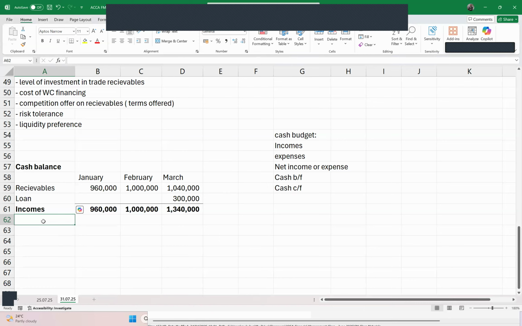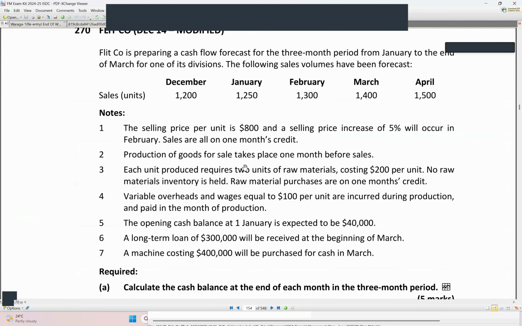Then now we go to expenses. So production raw materials, 200 per unit, and their materials purchased on 1 month credit. So the raw materials that we shall need for now, you need to understand that production takes place 1 month before sales.